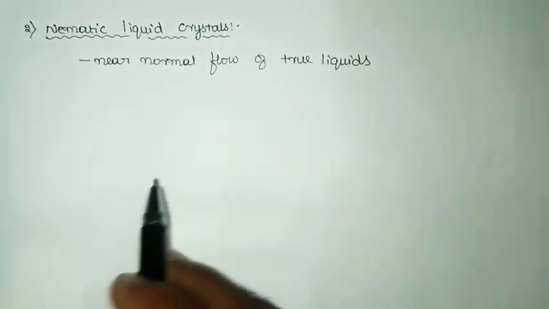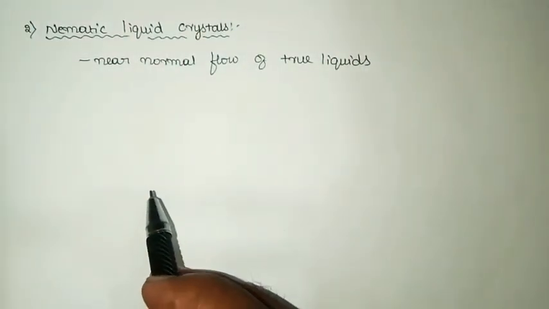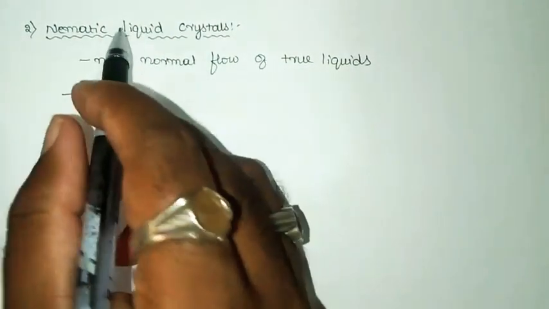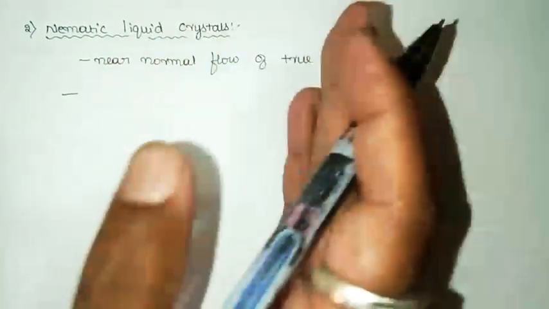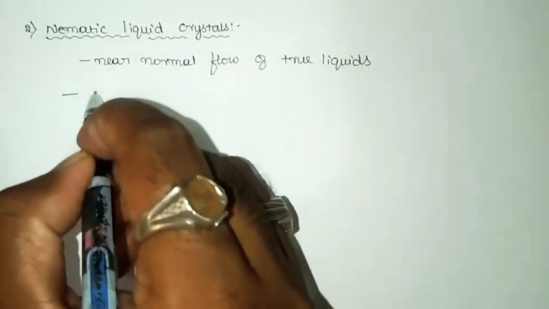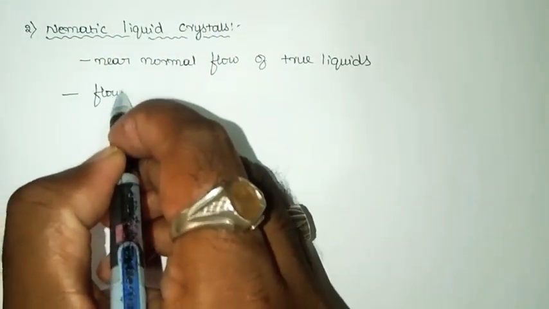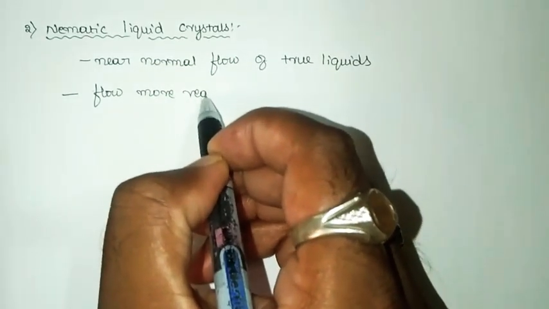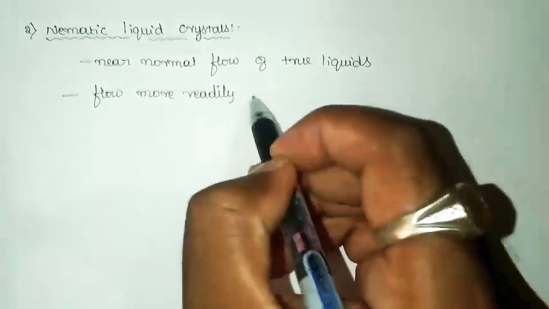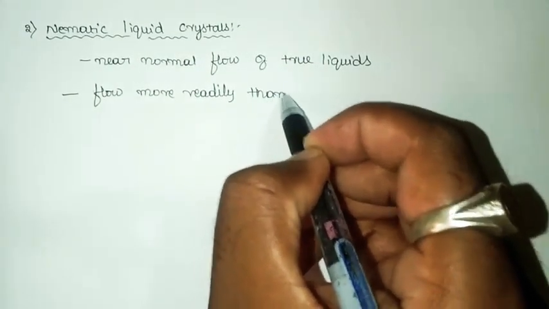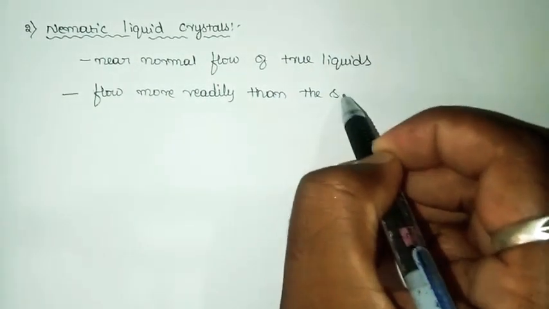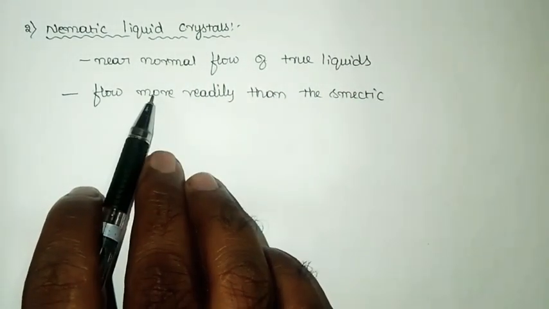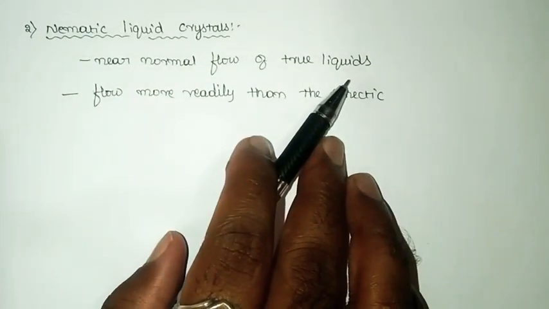Compared to smectic liquid crystals, nematic liquid crystals show more fluidity. They flow more readily than smectic liquid crystals, much faster.